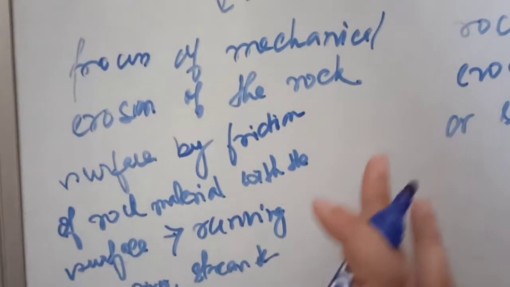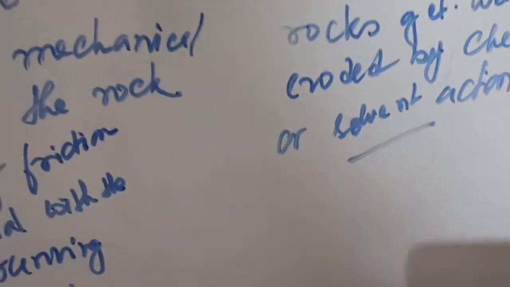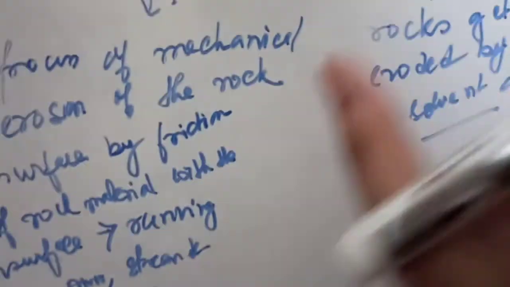We call that process corrosion. So corrasion is the mechanical way by which the rock is getting eroded, and corrosion is the chemical way by which the rock is getting eroded. These are the two processes by which the work of erosion is being done.